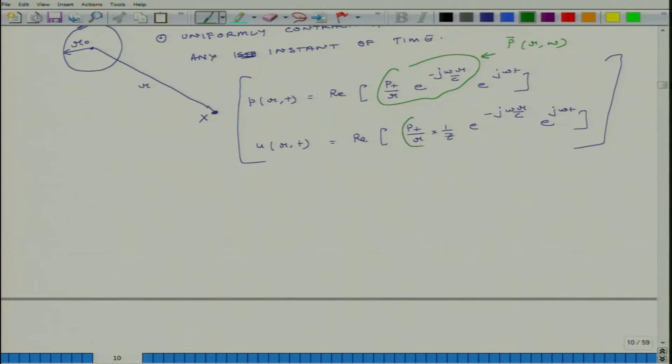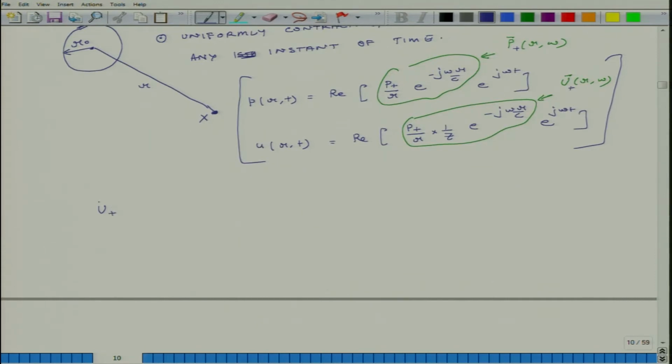and this term, this is u bar r omega. So, u bar, and because it is propagating in the positive direction, I will put a plus sign here.